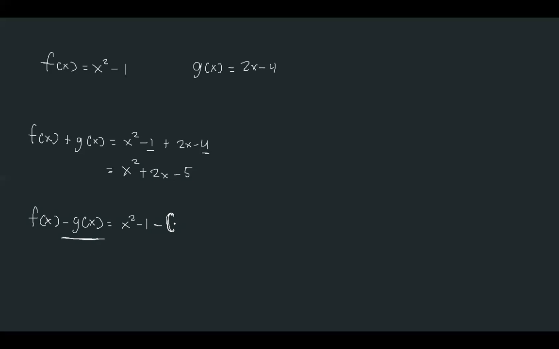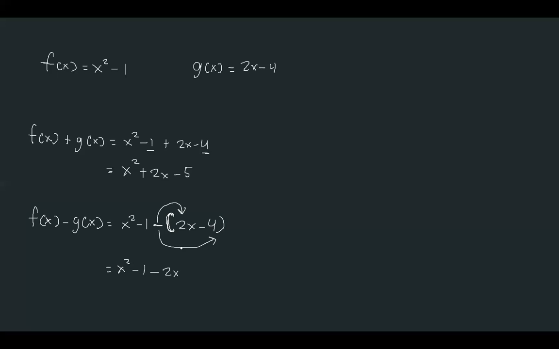Okay, now let's substitute. So we have parentheses, or I mean the quantity 2x minus 4. The next step is to distribute the negative sign to each of the terms. Let's copy first the x squared minus 1. Now let's distribute the negative sign to the other terms. This one, 2x, would be negative 2x.